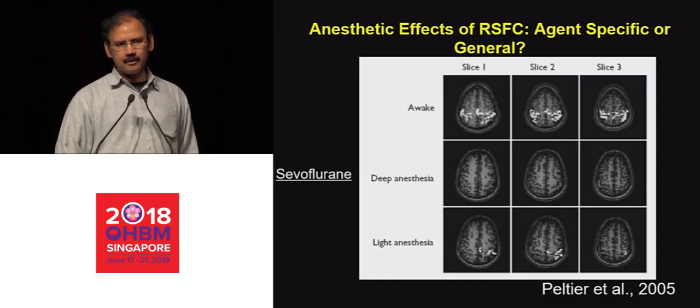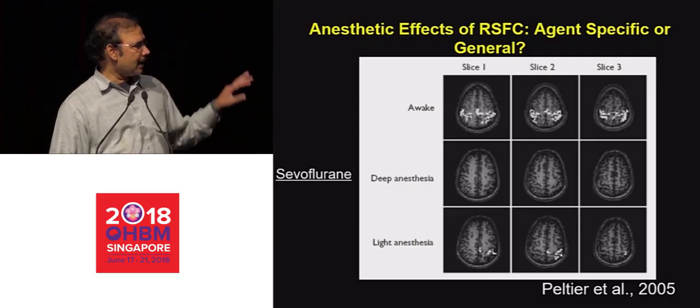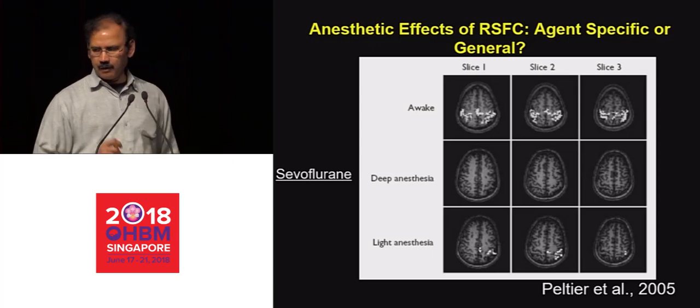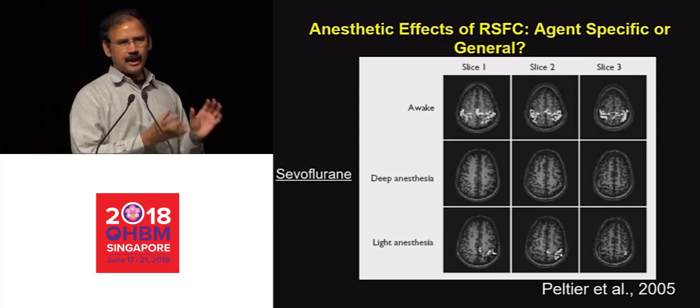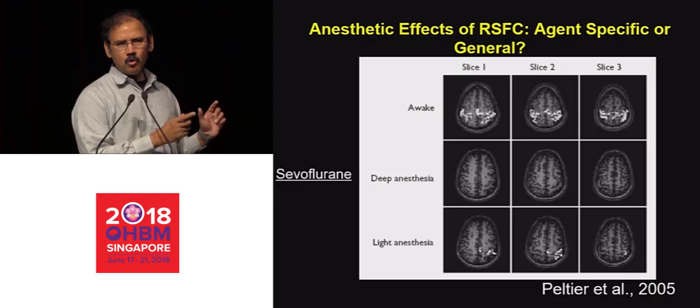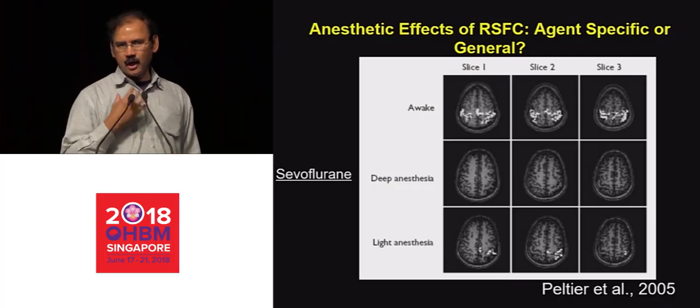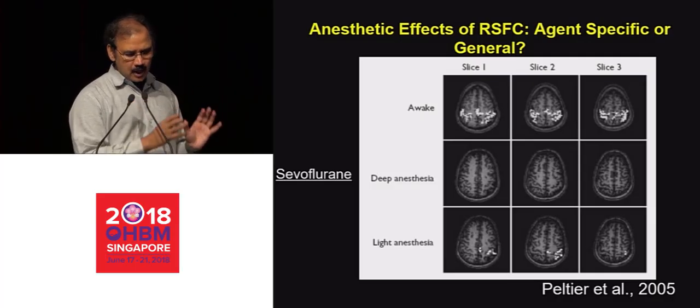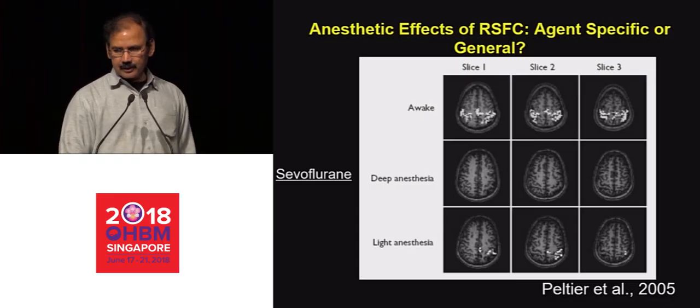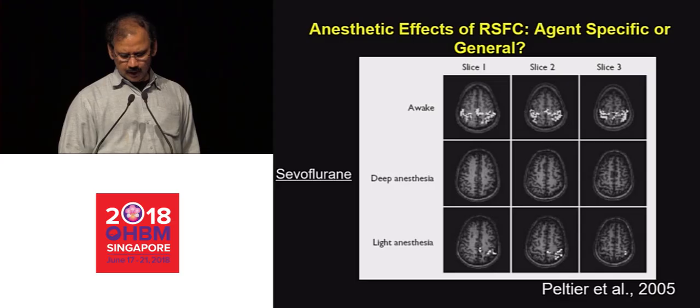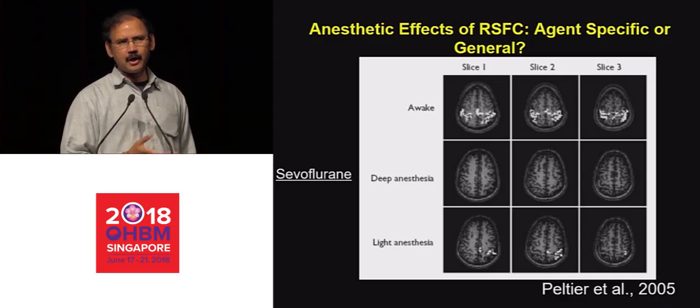Similarly, Scott Pelt scanned subjects during sevoflurane, and during light anesthesia, what he observed was connectivity within the left hemisphere, connectivity within the right hemisphere, but no connectivity between left and right. And with deep anesthesia, both interhemispheric as well as within-hemisphere connectivity was significantly reduced. Again, this suggests that for different kinds of studies like anesthesia and so on, this could also be used as a way to better understand them.